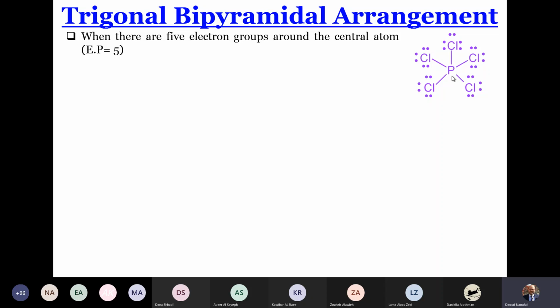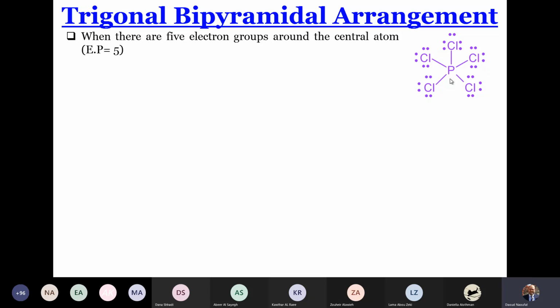As we said previously, in the s and p blocks, we follow the octet rule for elements in the second row, but with elements in the third row we can pass from the octet rule to the expanded octet rule, or the rule of 18 electrons. So we can have more than 8, and this is the case of PCl5. We will explain in the next chapter why phosphorus can have more than 8 electrons around it.